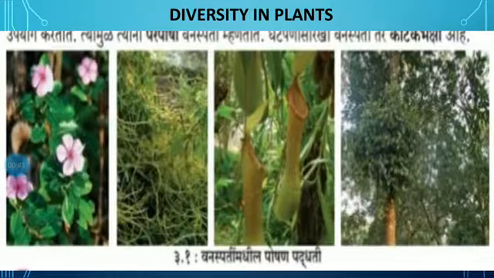After that, diversity in plants. In that, different types of heterotrophic or insectivorous plants we have seen and studied their information. Okay, so friends, today we have to see the next topic.